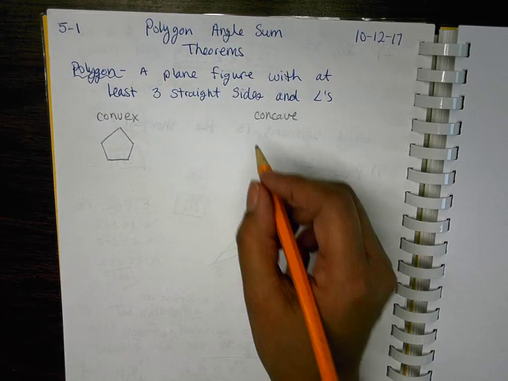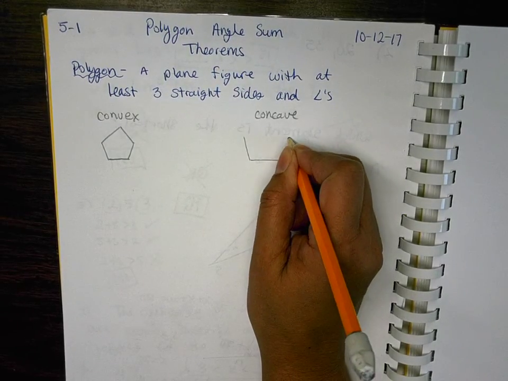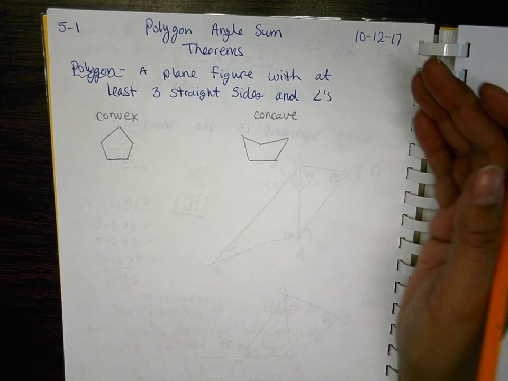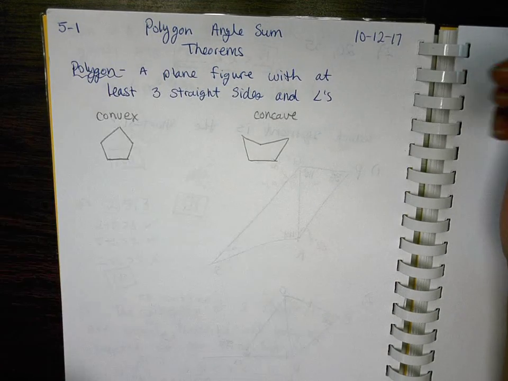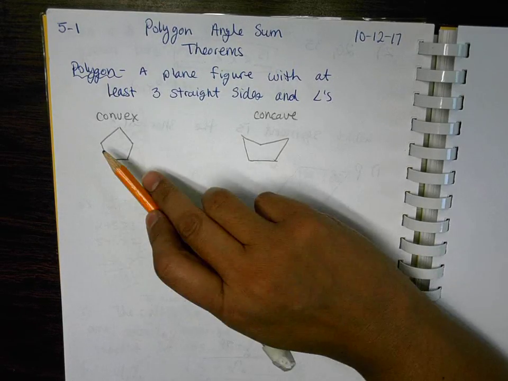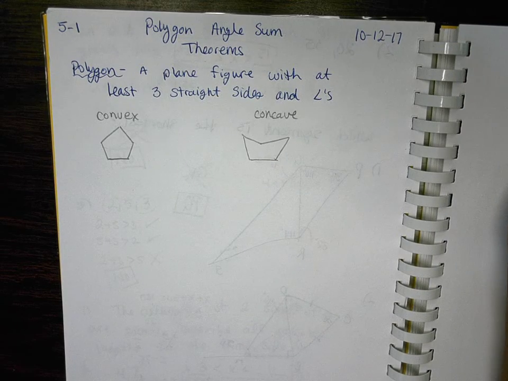And concave is something like this. It looks like it's going to be the same, but it does this instead. So think of it concaving in, it's caving in. That's a concave polygon. You see where all these angles are pointing outward and this one's caving inward?